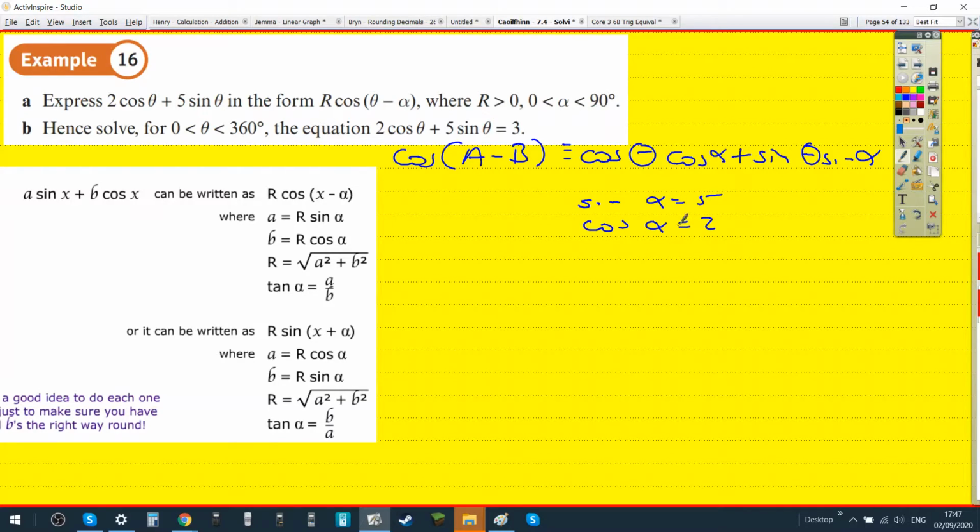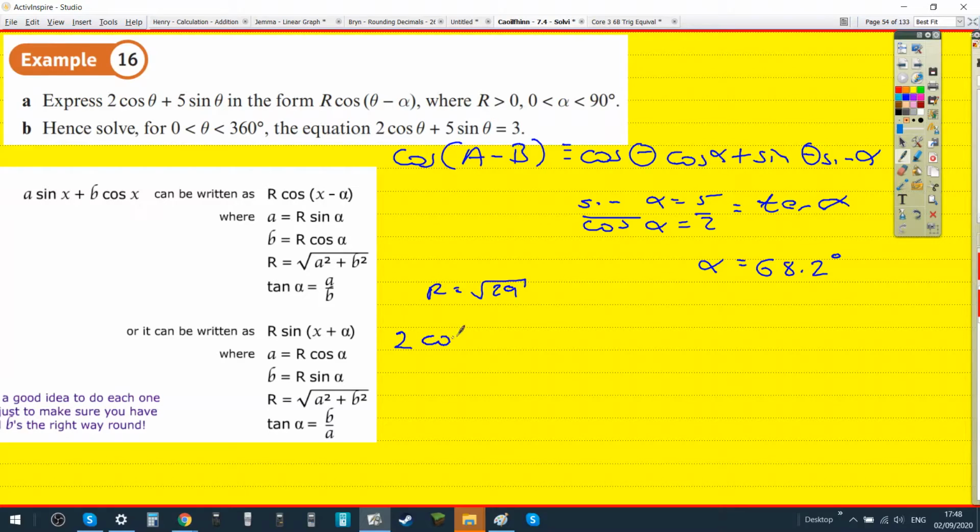So tan alpha equals 5 over 2, so tan to the minus 1 of 5 over 2 gives us 68.2 for alpha, and then 2 squared plus 5 squared equals 29, so root 29 will be the R.